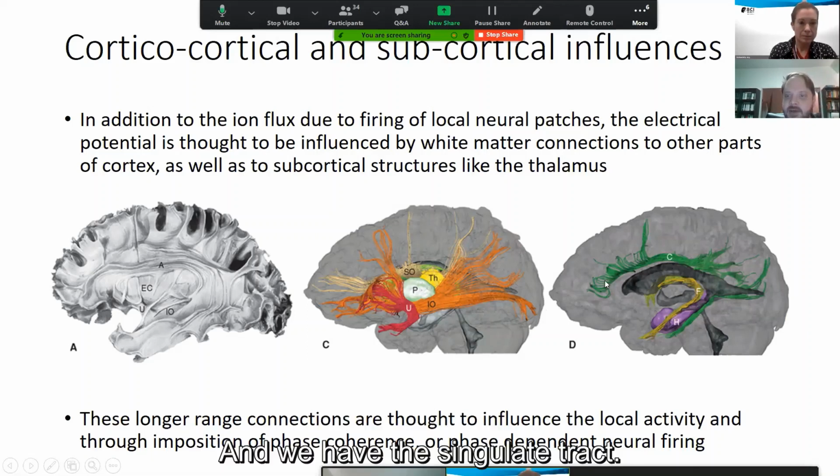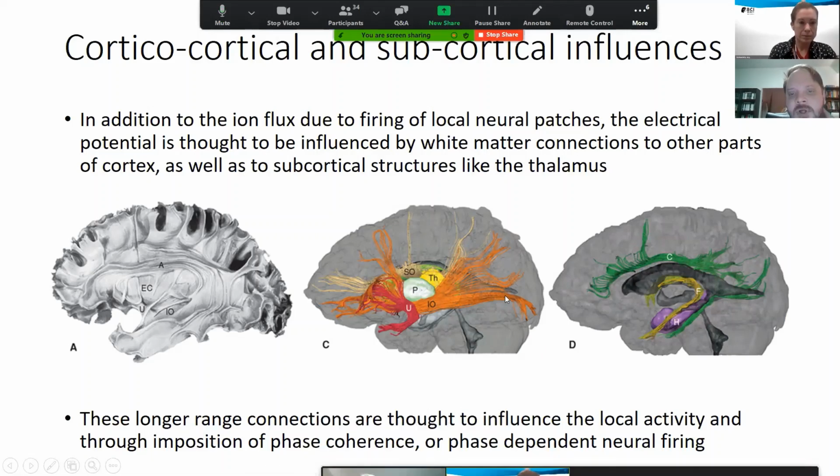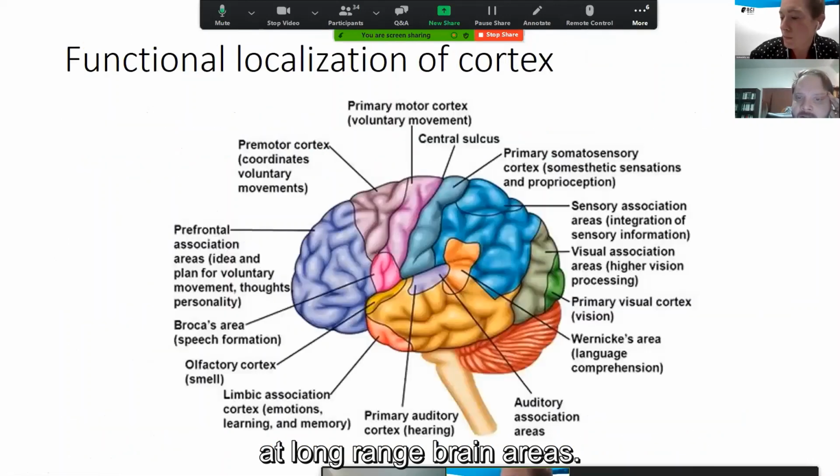And we have the cingulate tract. So these white matter connections can influence the coherence, basically the synchrony of activity at long-range brain areas.